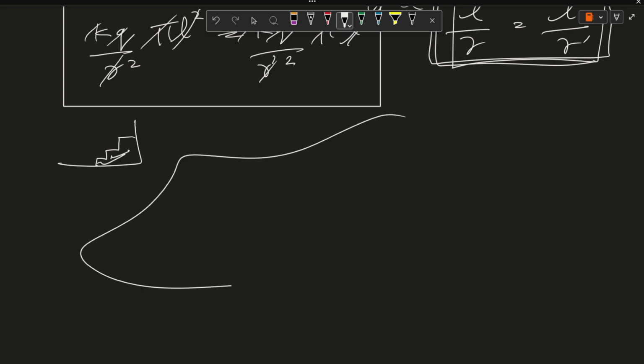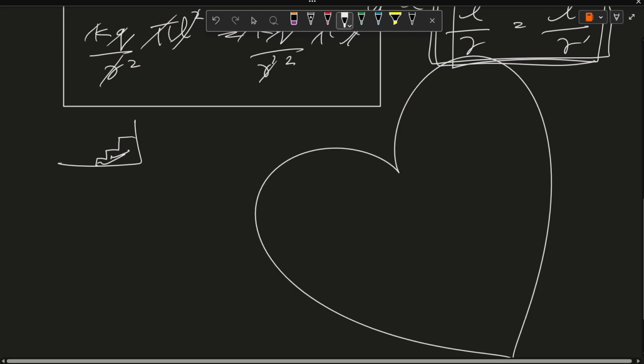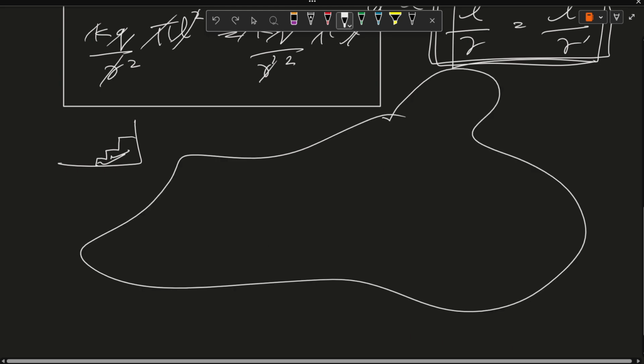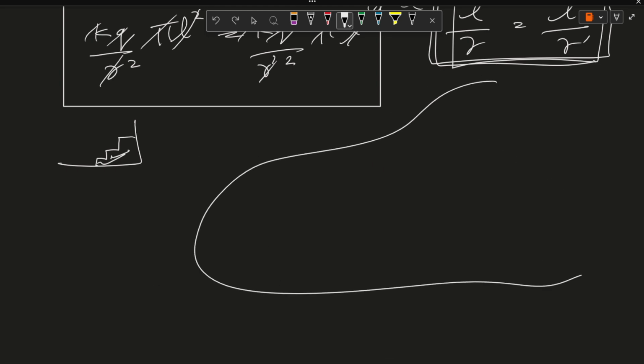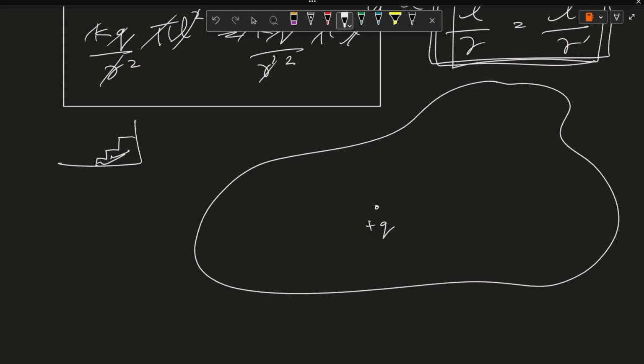So what I'm going to do is I'm going to draw this complex figure, right? Now I'm going to place a charge plus q inside it, at an arbitrary position. There is no pattern to this position, right? It could be anywhere. It is just a general point.